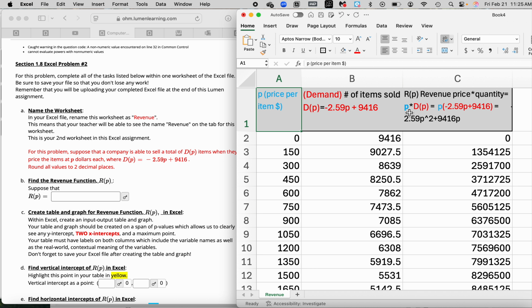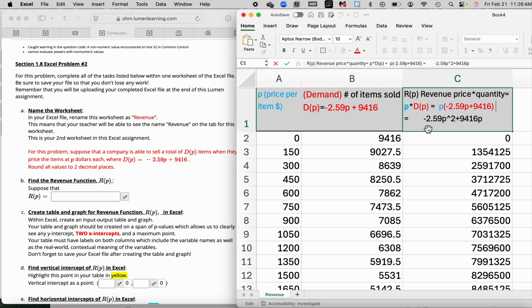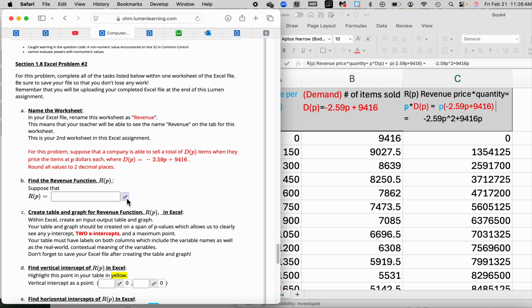So my revenue function is my price P times my quantity, which happens to be this D of P function. So it's P times that whole demand function, negative 2.59P plus 9416. If I were to expand that out, distribute that P, that gives me negative 2.59P squared plus 9416P.